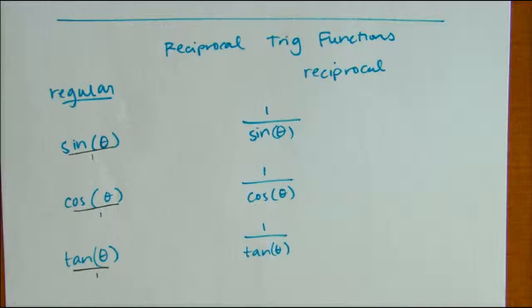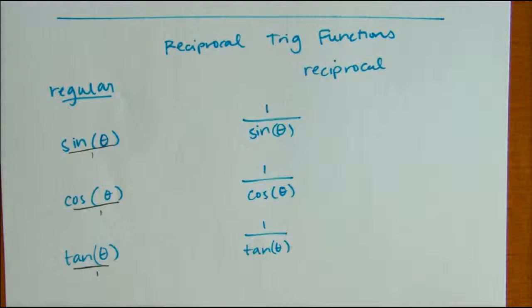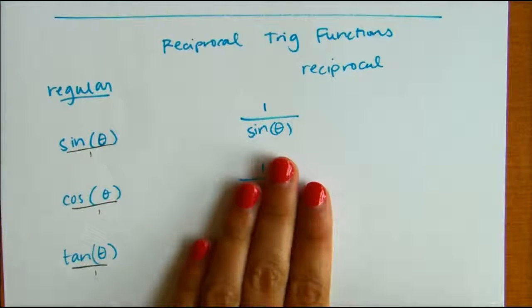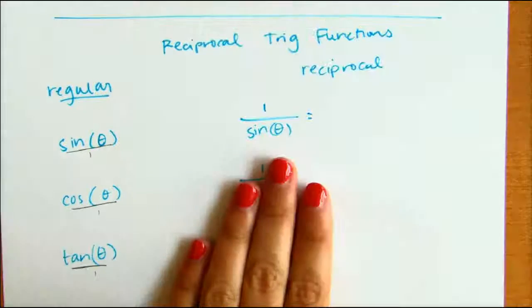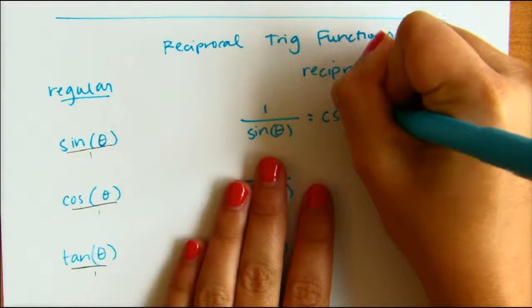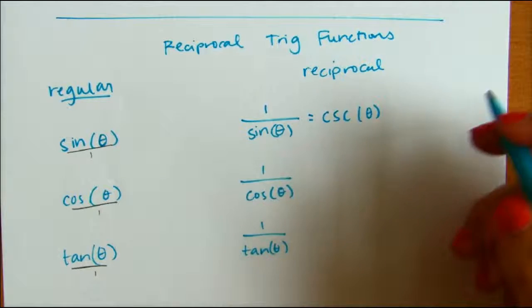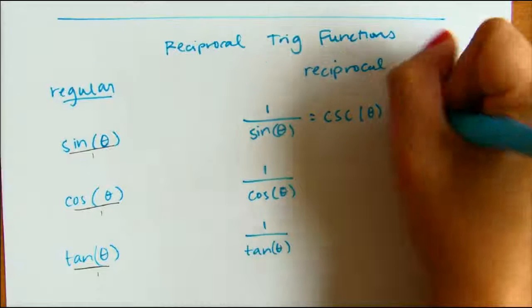To make this just a little bit more complicated, and I recognize that it is complicating things, these reciprocals actually have their own names. So 1 over sine of theta is the same thing as cosecant of theta. These two statements are equivalent, they're interchangeable, and I'll write the name down just so that you can understand.